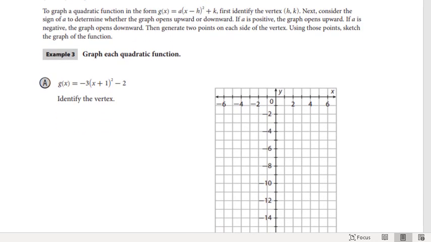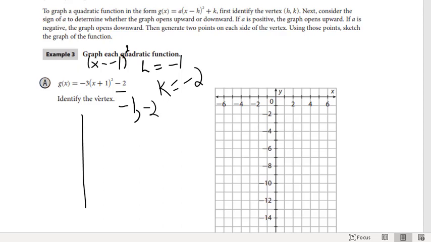So first, the vertex. For this, remember this is x minus negative 1. We can rewrite that. So h is negative 1. H is going to have the opposite sign essentially of whatever is inside the parentheses. K is negative 2. It's minus 2 at the end. So my vertex is negative 1, negative 2.